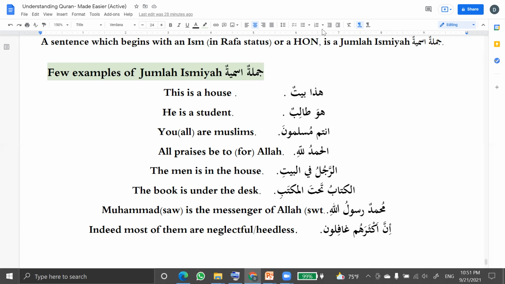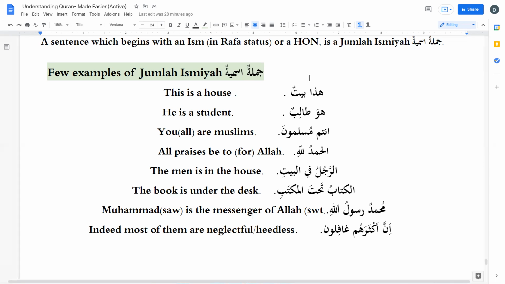Hadha is rafa, and we know it's proper. Ism ishara are proper. Then we have huwa, again rafa and proper. Antum, again a detached pronoun, always rafa, and all pronouns are proper. Alhamdu, we can see dhamma over here. So this is rafa.